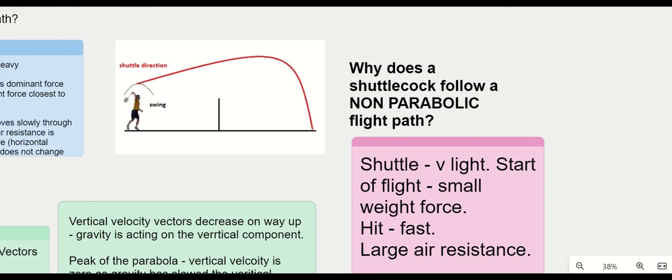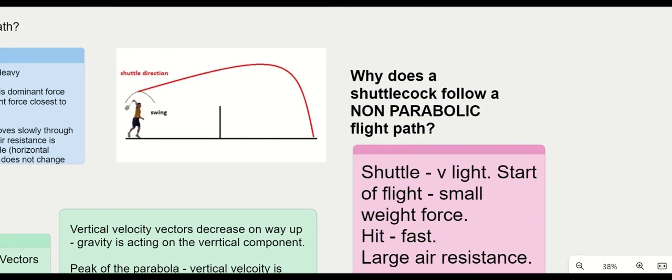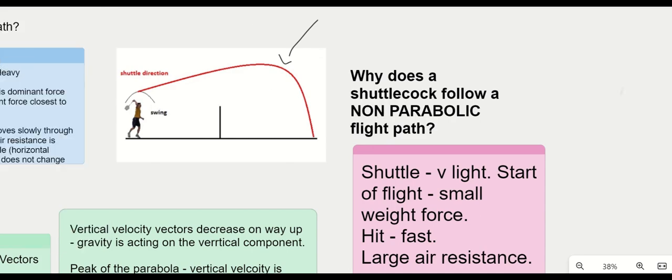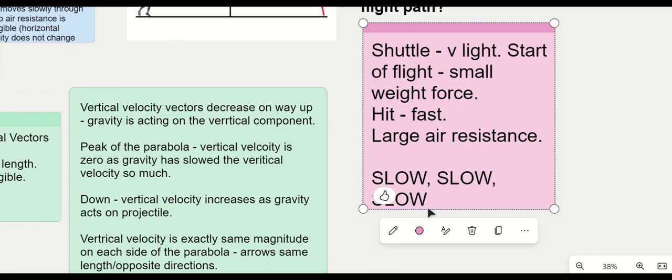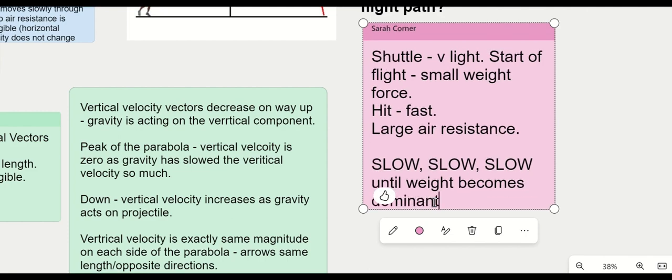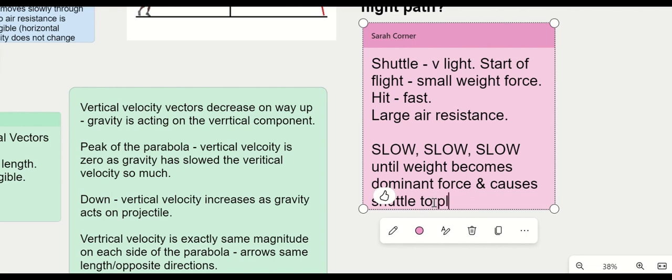So as it's struck, it flies through the air and slows until, when it gets to this point here, it's slowed down so much that weight becomes the dominant force and causes the shuttle to plummet to the ground.